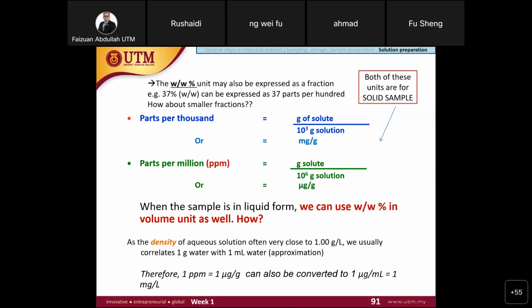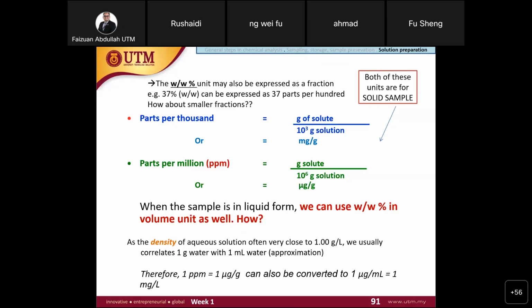As the density of aqueous solution is often very close to 1 gram per milliliter, we usually correlate 1 gram of water with 1 ml of water as an approximation. So therefore 1 ppm, equal to 1 microgram per gram, can also be converted to 1 microgram per milliliter.